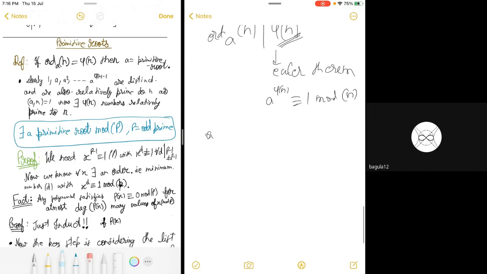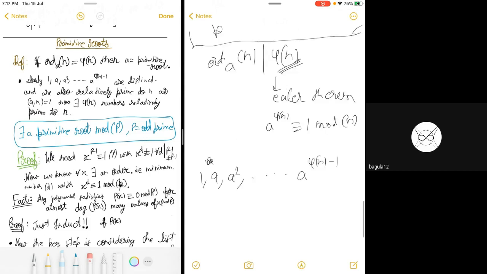This is because consider the set a, a squared, up to a to the phi of n minus 1. If a satisfies that the order of a modulo n is exactly equal to phi of n, then such an a is called a primitive root modulo n.